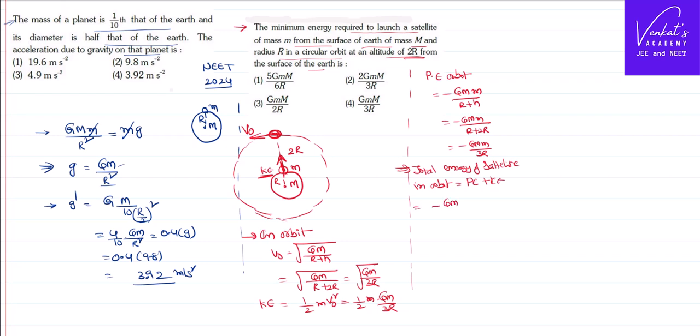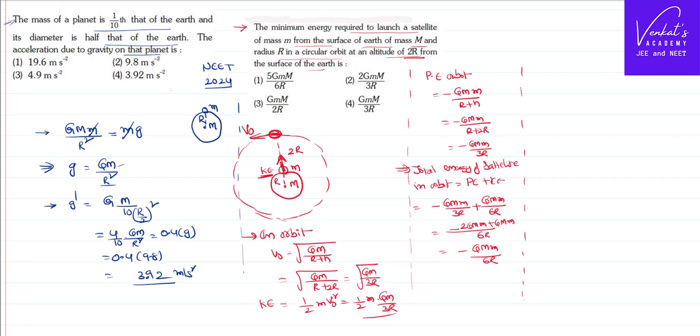Potential energy is minus GMm by 3R. Kinetic energy is GMm by 6R. 6R is the LCM: minus 2 GMm plus GMm, that is minus GMm by 6R.